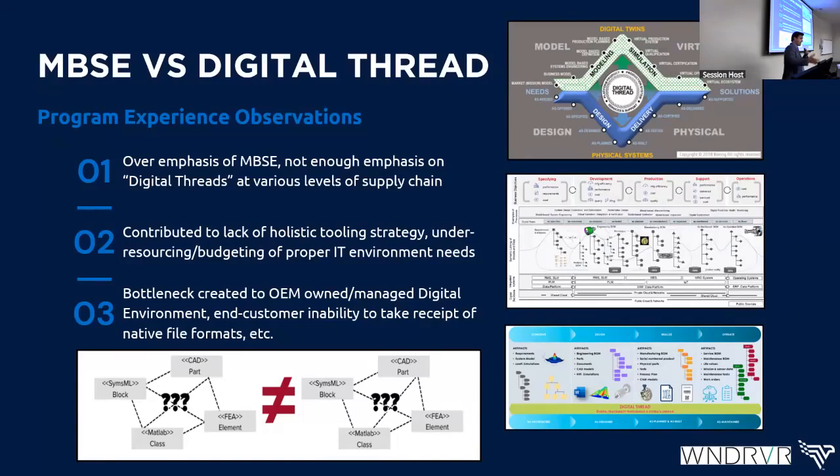So you had 3 different organizations with 3 different management strategies as far as these models go that weren't necessarily informing each other. So when we provided it to the OEM, there was a bottleneck even taking receipt of procedural data that in this form was model-based.